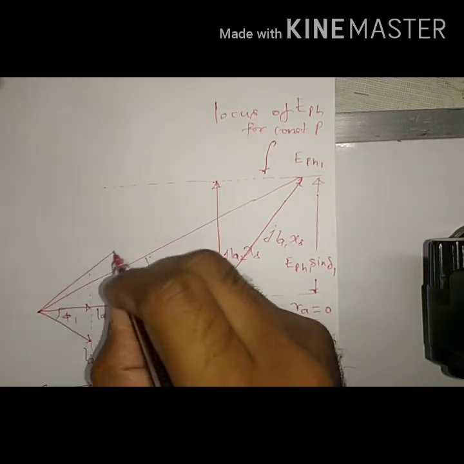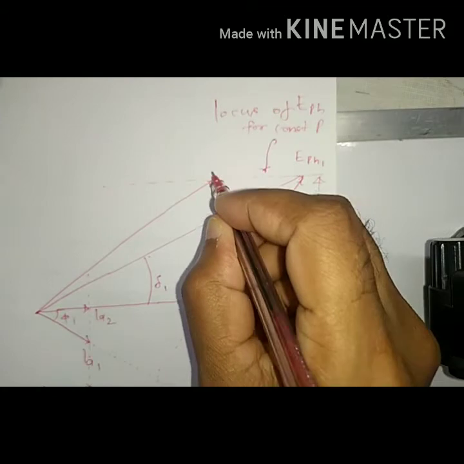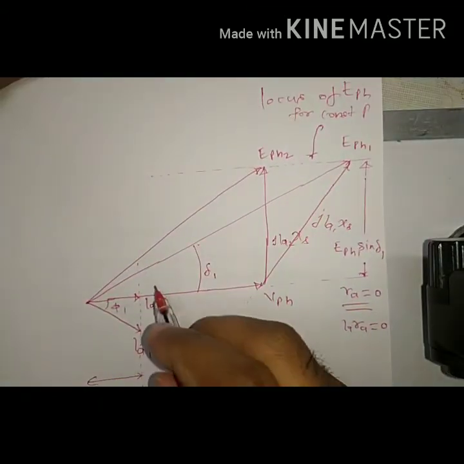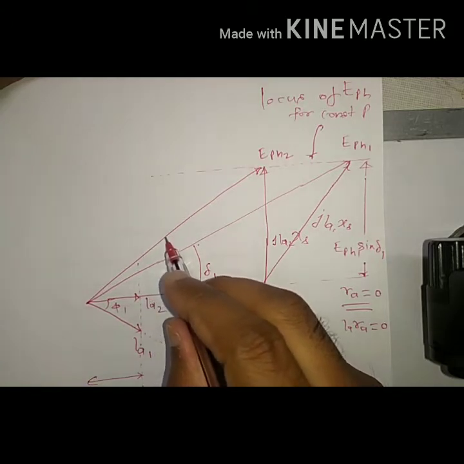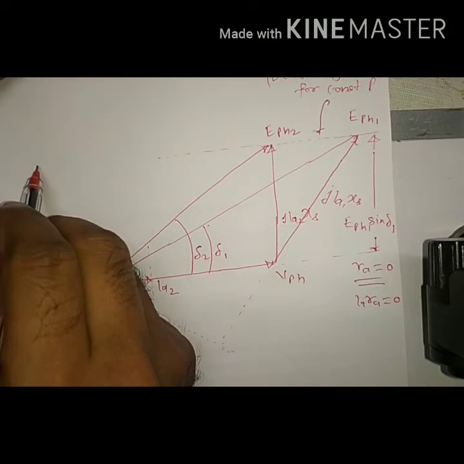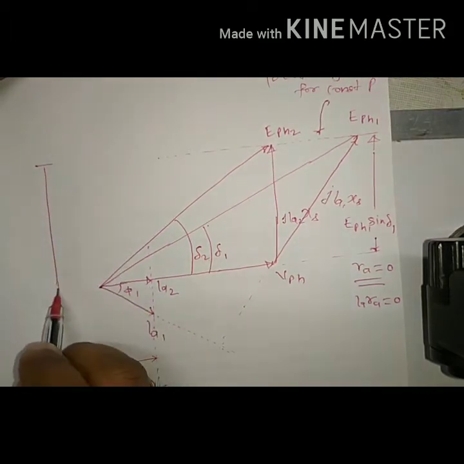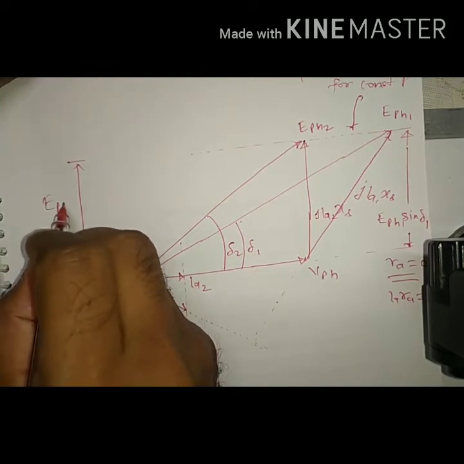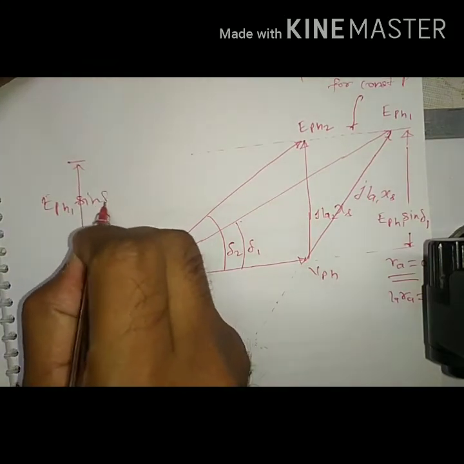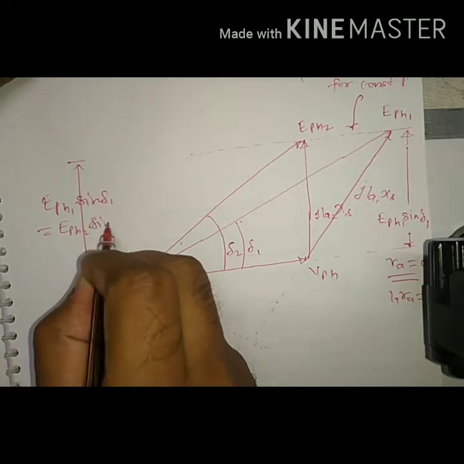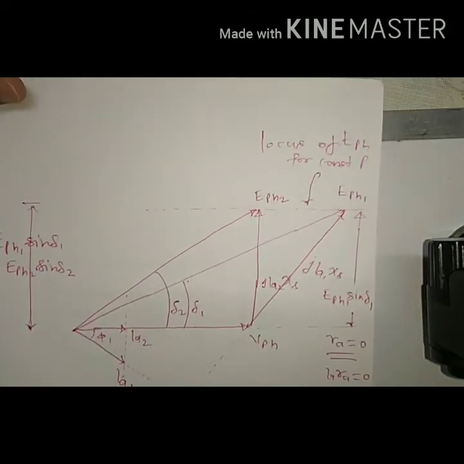And this will become E_PH2. And in this case, this angle will be delta 2, and I can say this length, which is E_PH1 sin delta 1, is equal to E_PH2 sin delta 2.